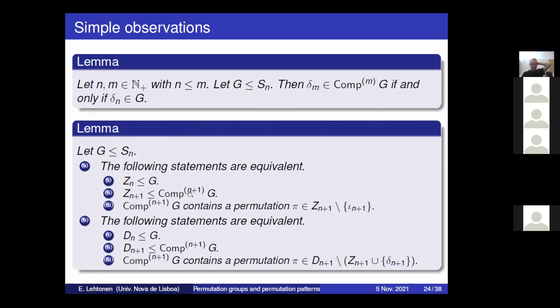And in fact, these will be equivalent conditions. Similarly, for the dihedral groups, if G contains the natural dihedral group, then the compatible permutations must contain the natural dihedral group. And this is again an equivalent condition.